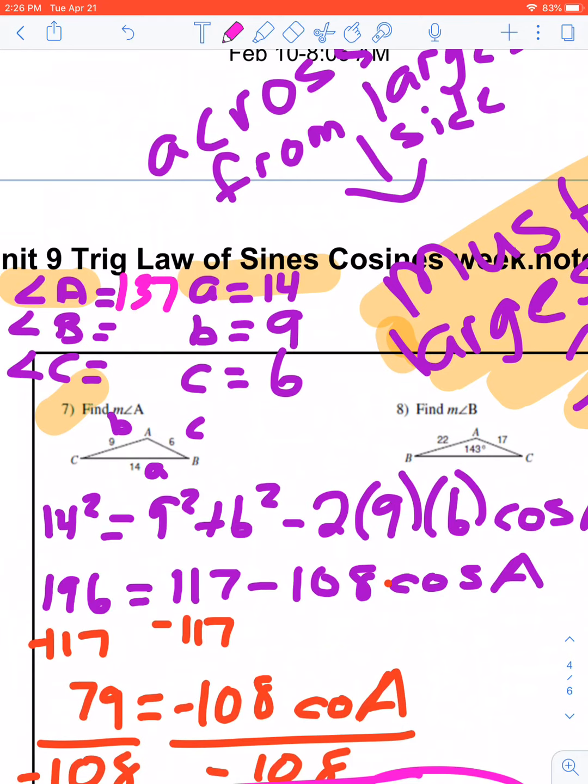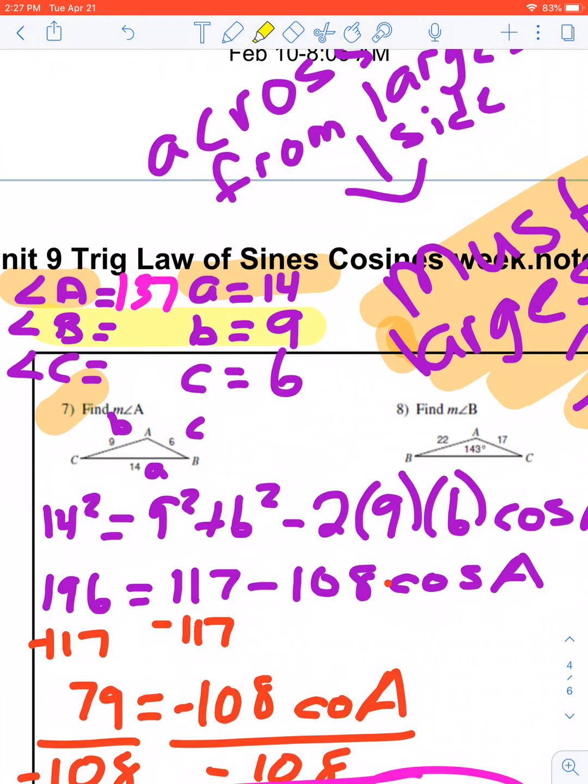I'm going to solve for this entire triangle though, so I got 137. Well, now I have to go into law of sines and find the next one. I like to always go with the biggest, so the next biggest one that I have left there is going to be B. So I'm going to find B next, okay?